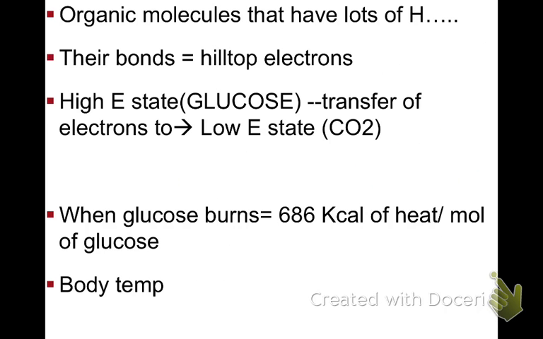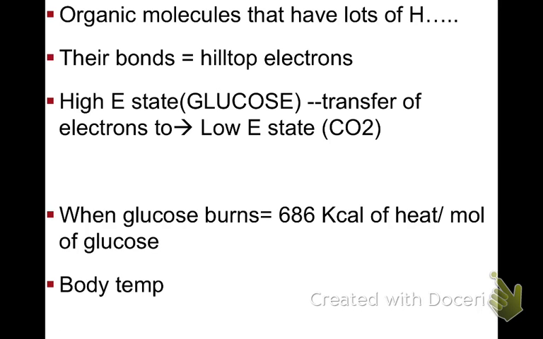Now, most organic molecules have a lot of hydrogens present in them, and so they are called hilltop electrons, like water on top of the hill.